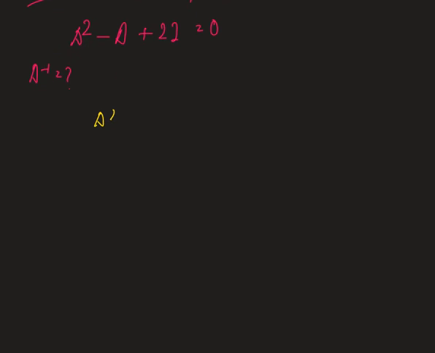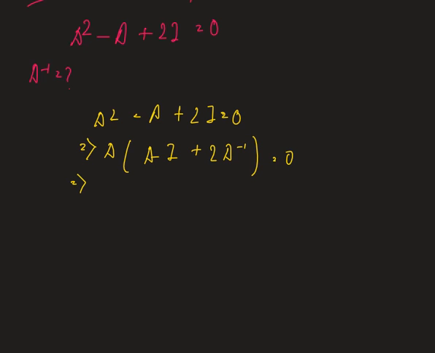A square minus A plus 2I equals 0. Therefore, after taking A as common, we can write it as A times (A minus I) plus 2 into A inverse. As A is square and non-singular, therefore the inverse exists.